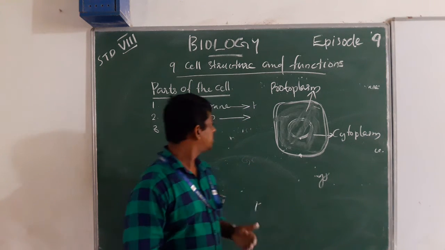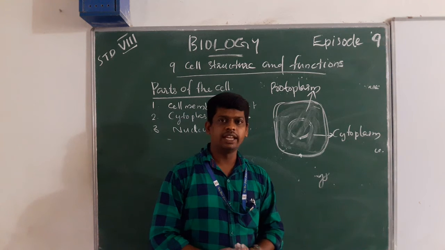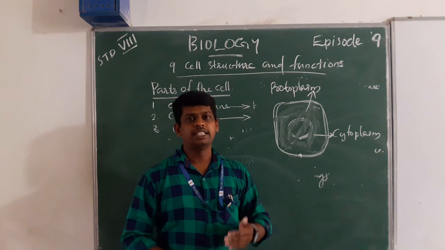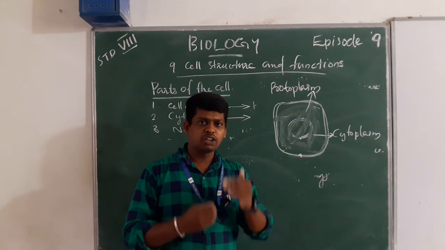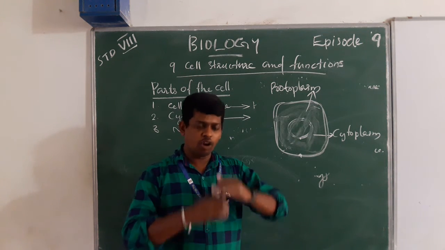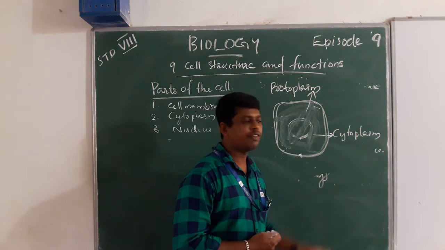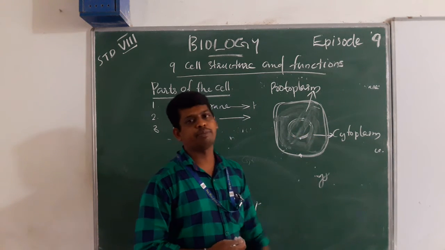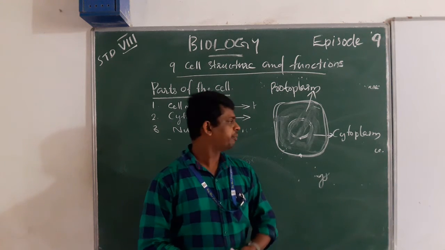And the last one is the nucleus. The nucleus is the central part of the cell, and it is the controlling and coordinating region of the cell. The nucleus has a boundary-like structure, covered with a membrane, that is the nuclear membrane.